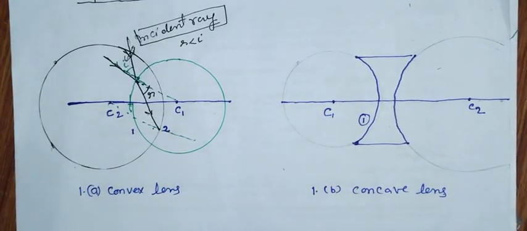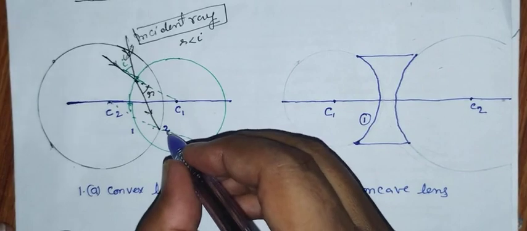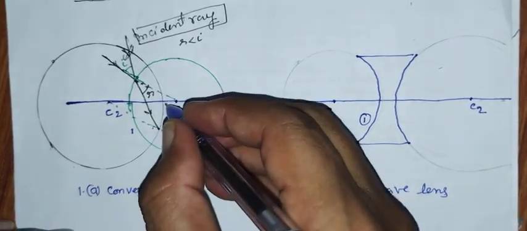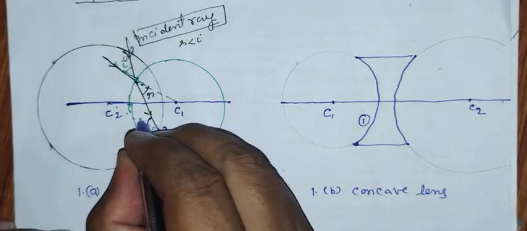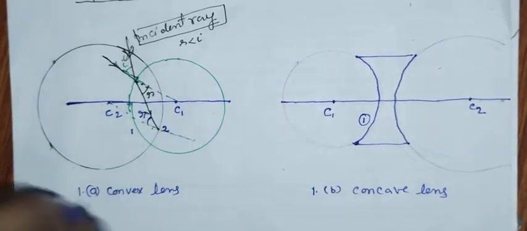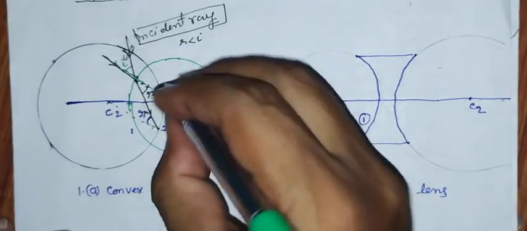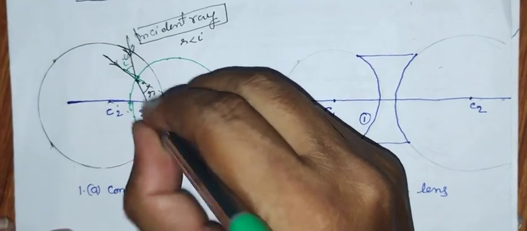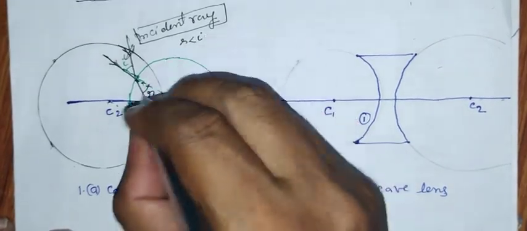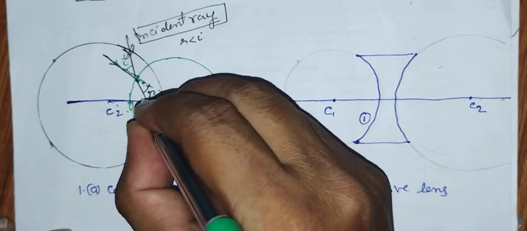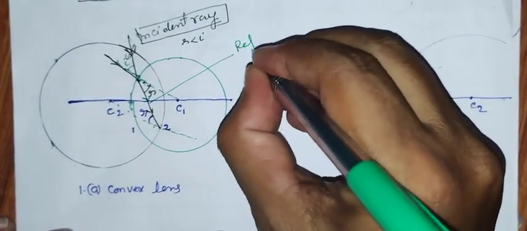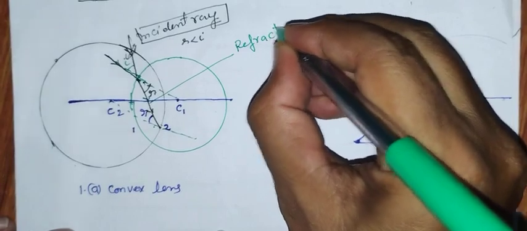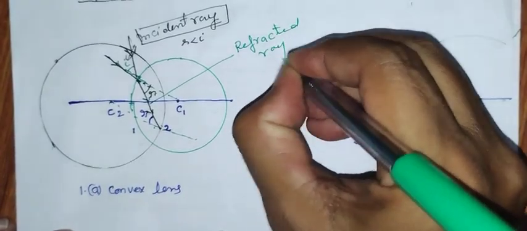Now these two normals are parallel to each other. So this angle is R. Automatically this angle of incidence becomes R. And one more important thing, this ray is known as the refracted ray.